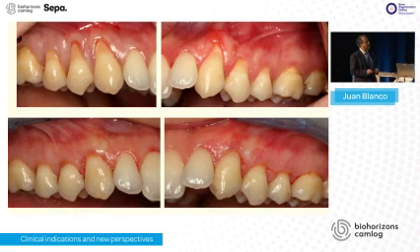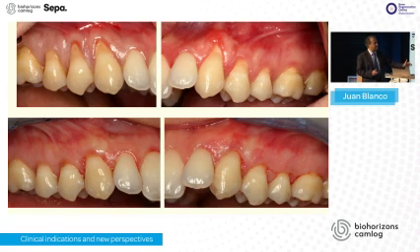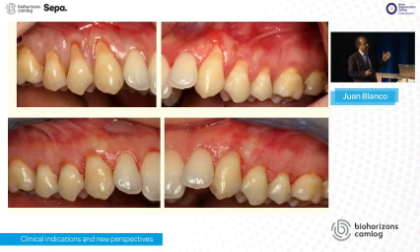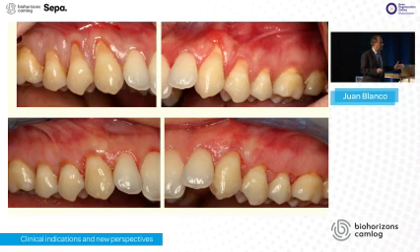And you can see here on the left side, the pre-op and the 6 months post-op, where clearly there is an increase in this keratinized tissue. Also the same for the left, but the left is only 3 months post-op. So, dear colleagues, we are, again, not only increasing the thickness, but also the width, the height of this keratinized mucosa.